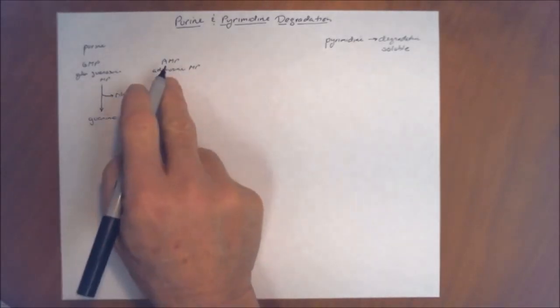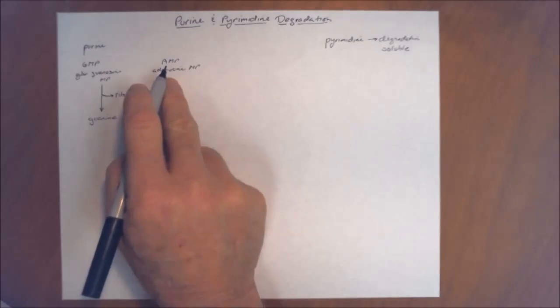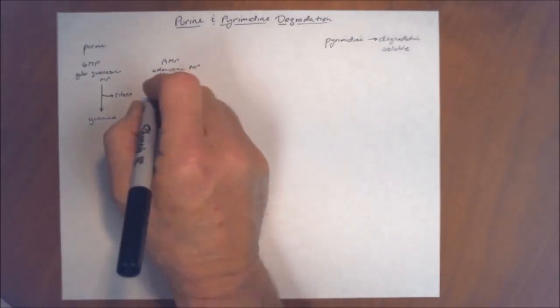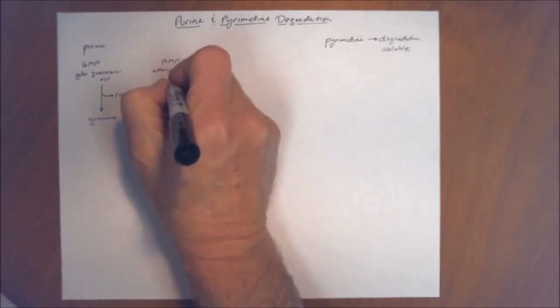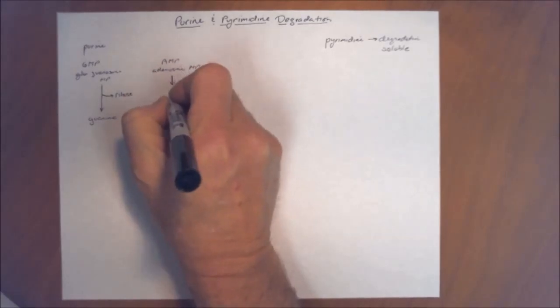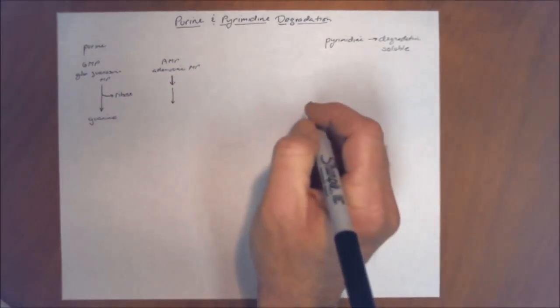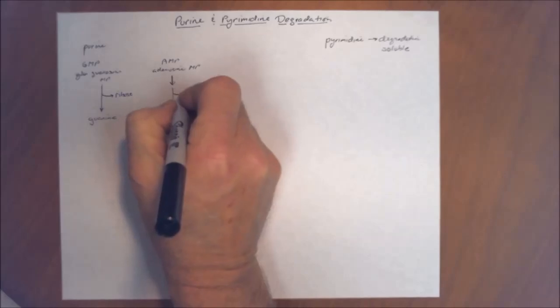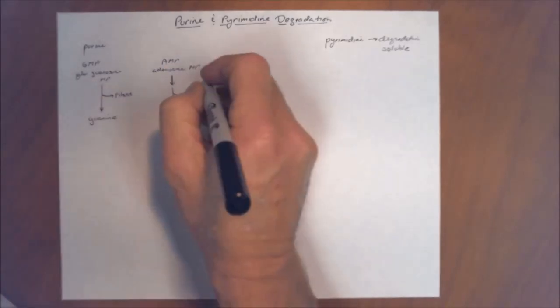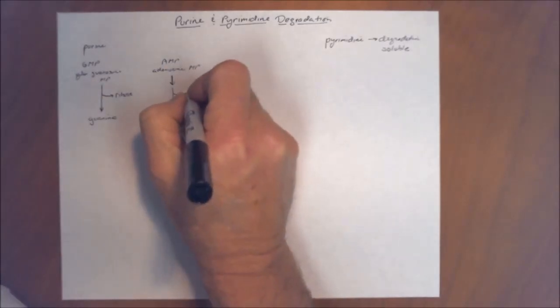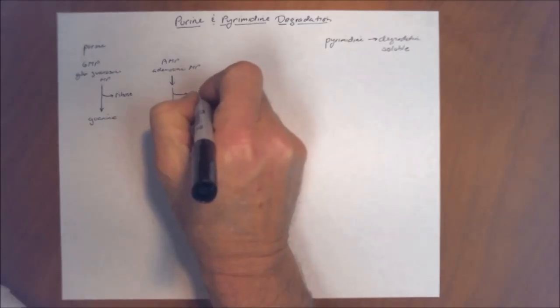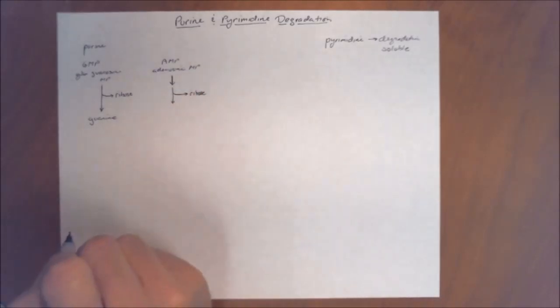AMP requires a couple of steps. The intermediate steps are not completely important for our purposes, but within these steps we are doing the same process as in degradation of guanosine monophosphate, in that we are releasing the ribose sugar.